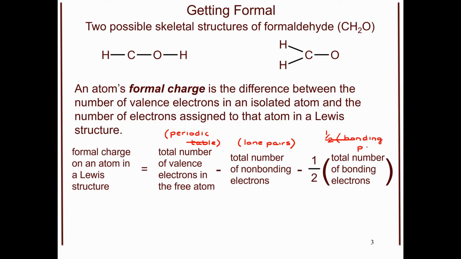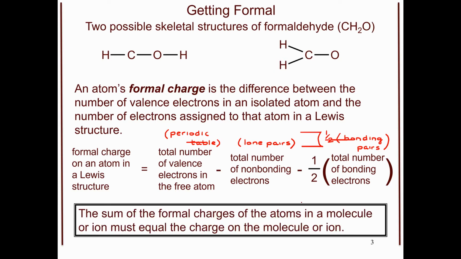Now, this is not how I originally learned how to do this. So when we are working on this, the best way of looking at it would be what electrons were brought in and how many does it currently have. So the sum of the formal charges of the atoms in a molecule or ion must equal the charge of the molecule or ion.